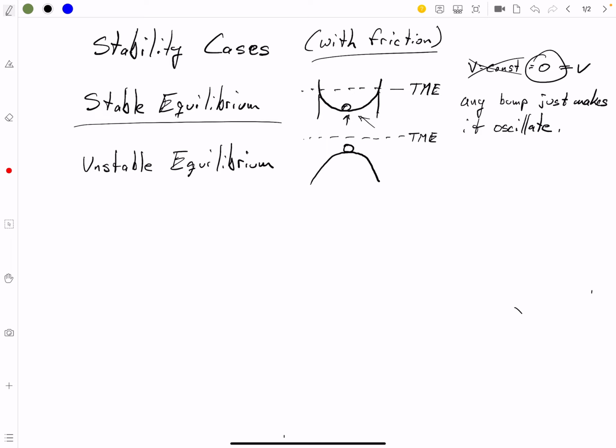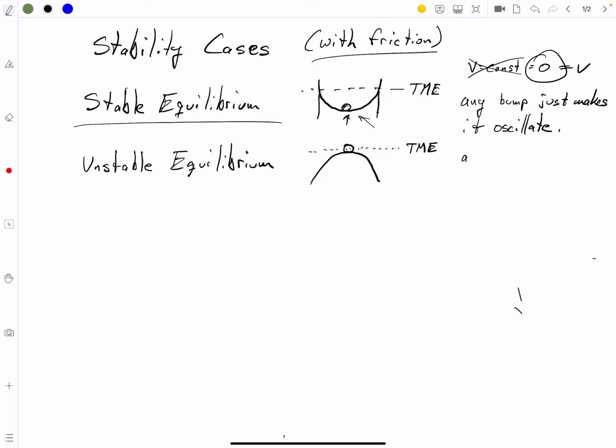I can't put the total mechanical energy there. I have to put the total mechanical energy at the center of mass of this thing. Okay, so it runs right through the center of mass, that total mechanical energy. It's going to sit there. It's perfect. Everything's going to happen.